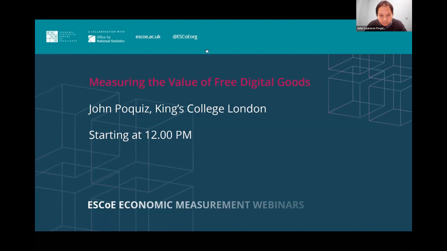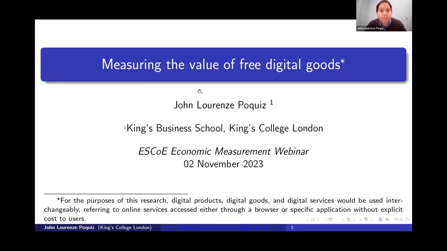For this session, I'm going to be talking about my paper, which is about measuring the value of free digital goods. The way I'm characterizing digital goods in this paper is I'm using the terms goods and services and maybe products interchangeably.